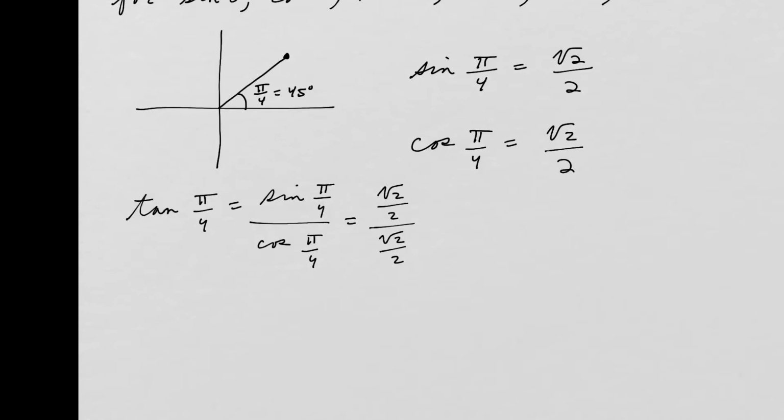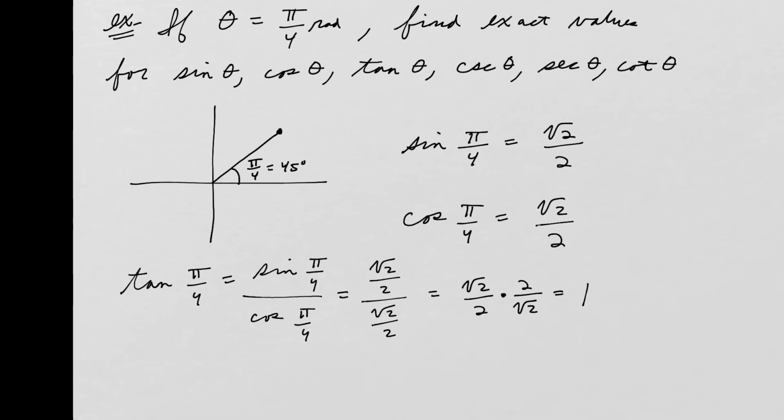You can say, well, anything divided by itself is equal to 1. Or if you actually want to divide these fractions, it's the top fraction times the reciprocal of the bottom one, the reciprocal of the divisor. And of course, you're going to get 1. In either case, you're going to get 1. So tangent of pi over 4 is equal to 1.